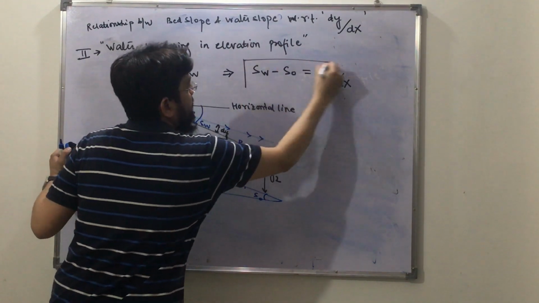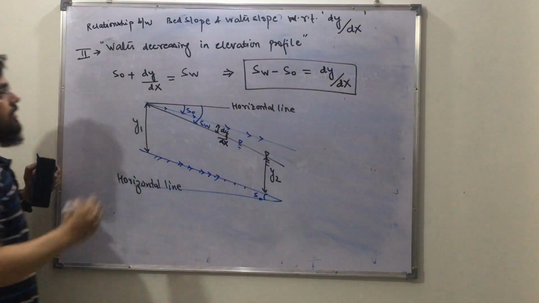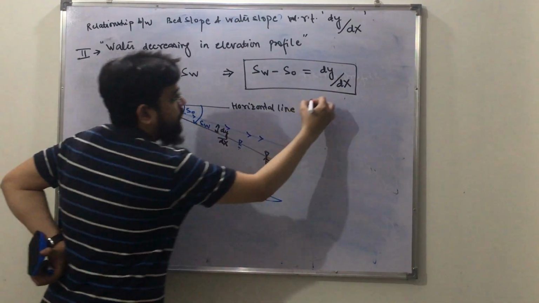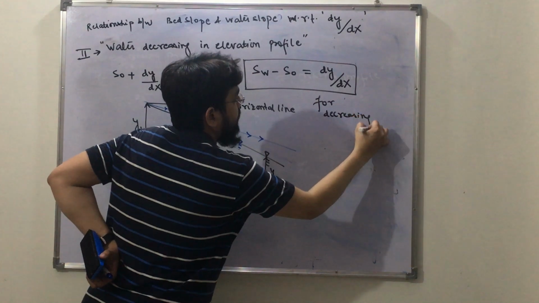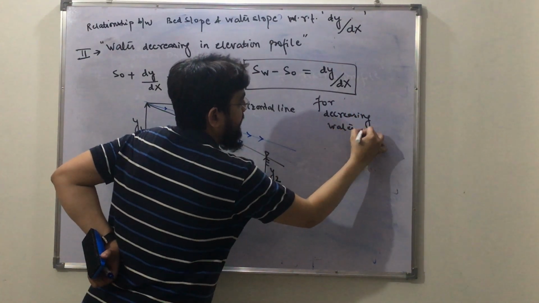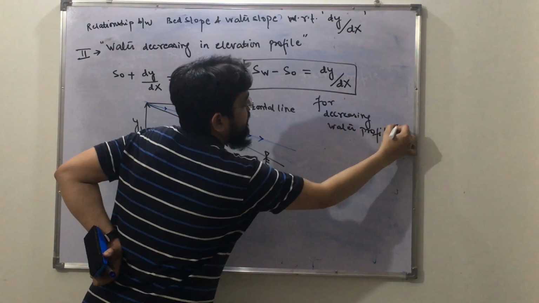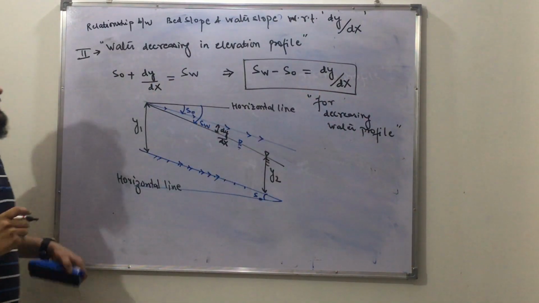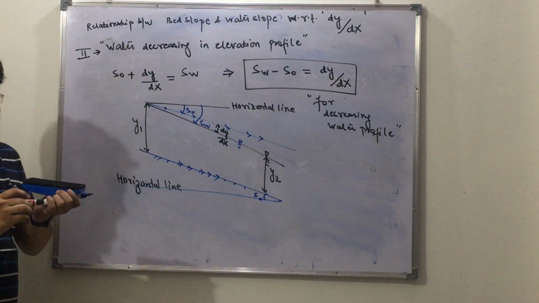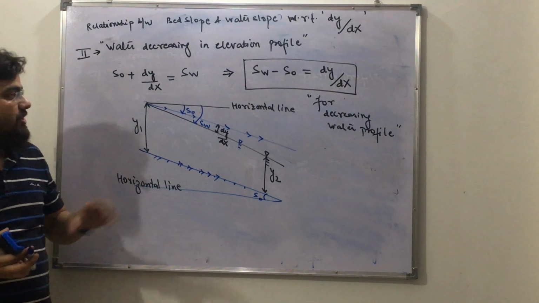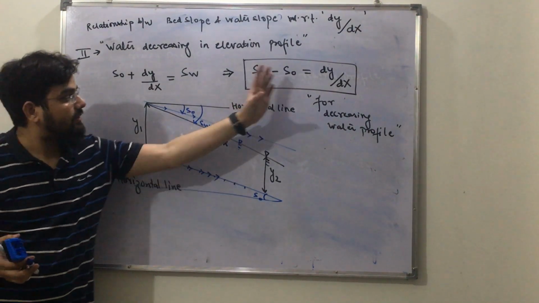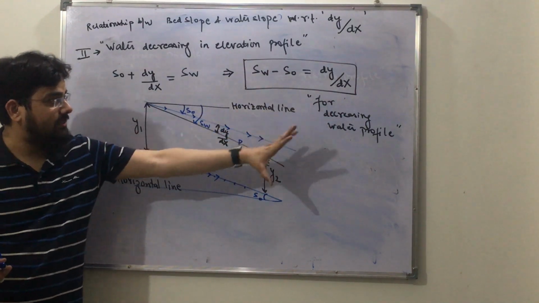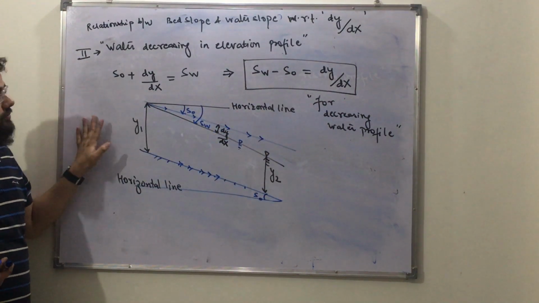This is the condition for decreasing water profile. I hope it is very clear how we measure S0, how we measure SW, and what is dy by dx, for the decreasing water profile, correct?